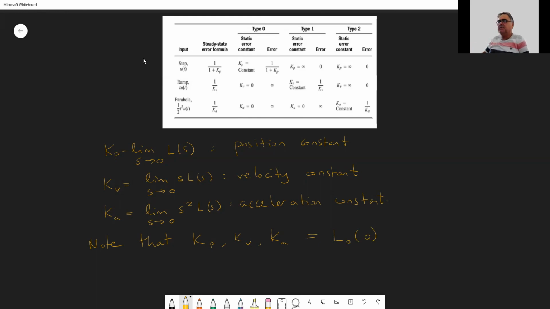In any case, let's look at this thing here. For a step input, the type 0 system gives some steady state error.